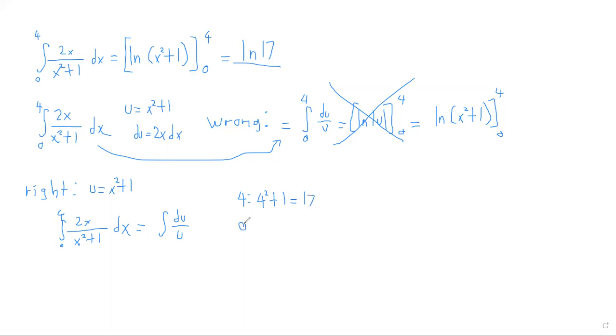And 0, you replace it by putting 0 into the u of x. So that's 0 squared plus 1, which is equal to 1. And then it's from 1 to 17. And then you get ln 17 when you plug in. So this is the right way to do it.